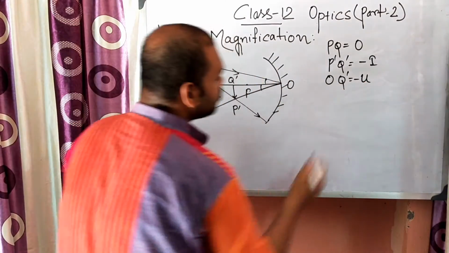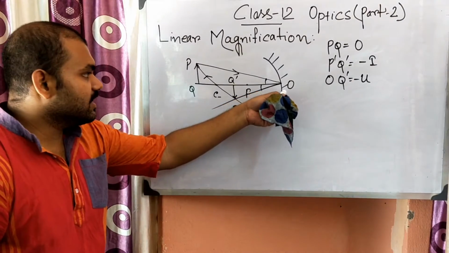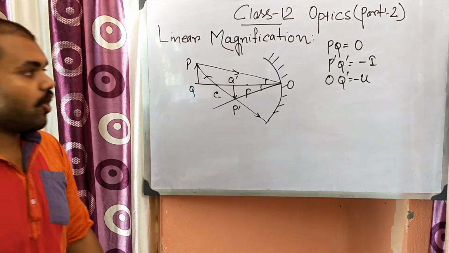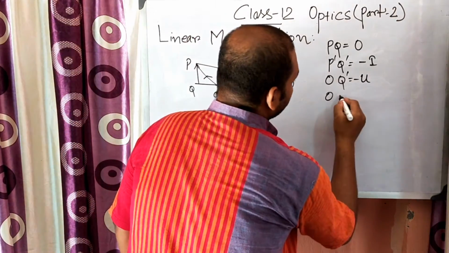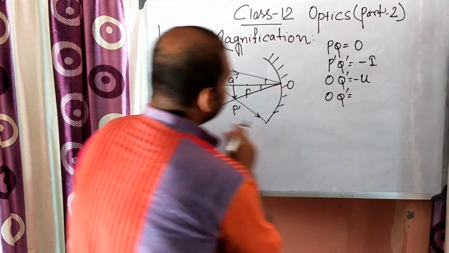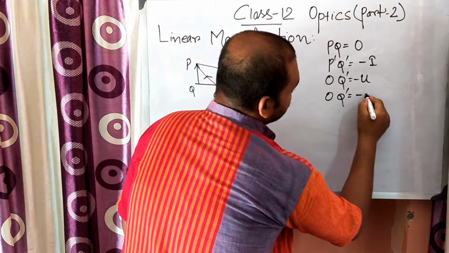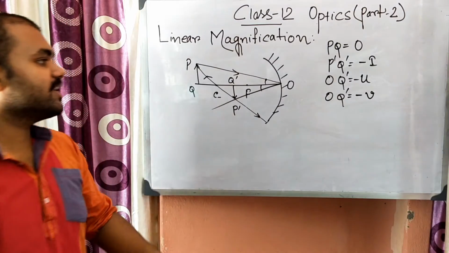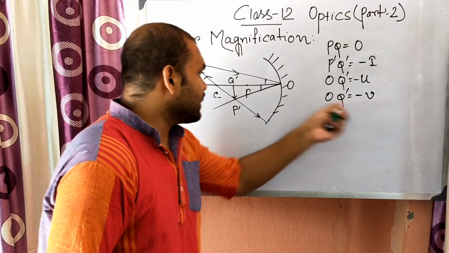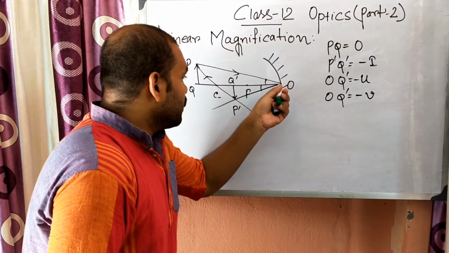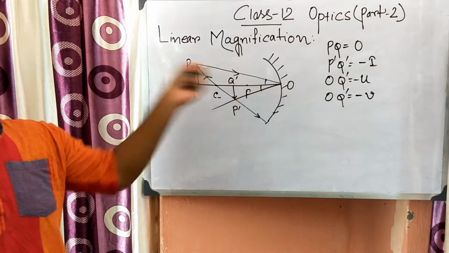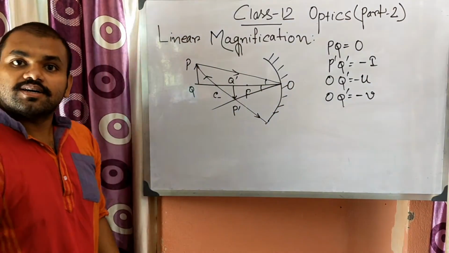Because it is measured in the opposite direction of the light. OQ prime is the image distance, and it will also be minus V, because in this case also it is measured in the opposite direction of the light.